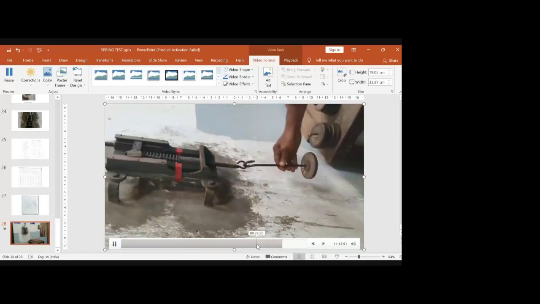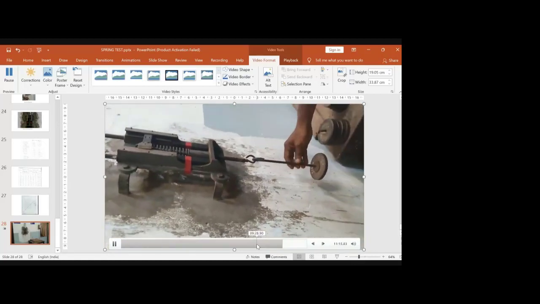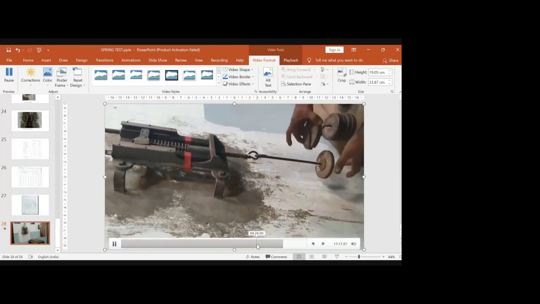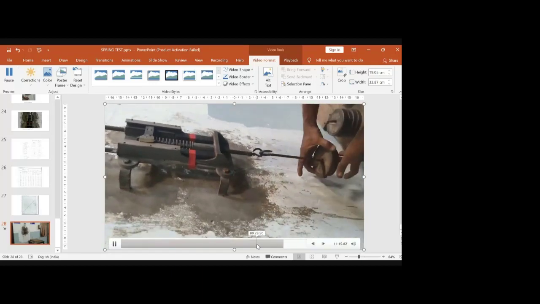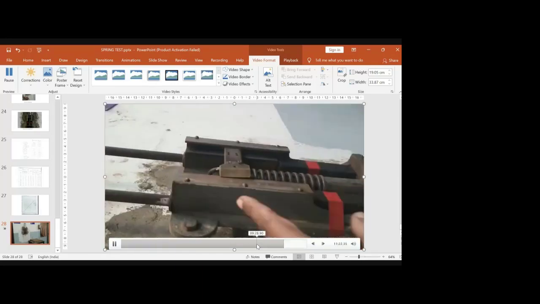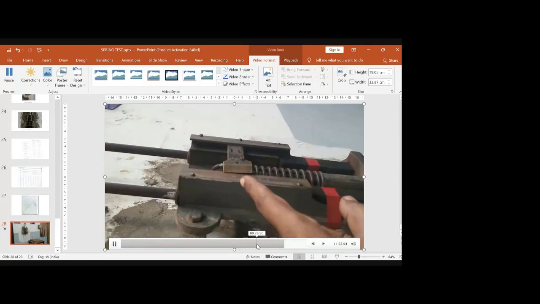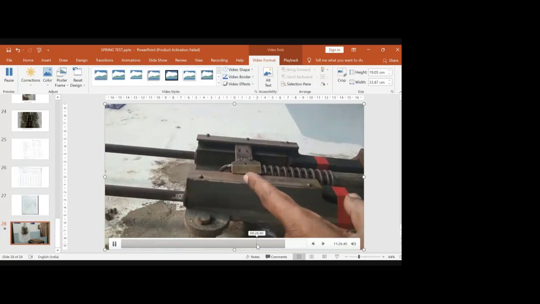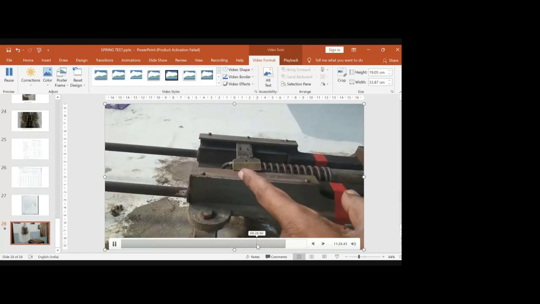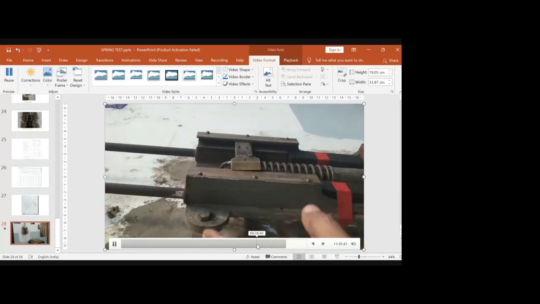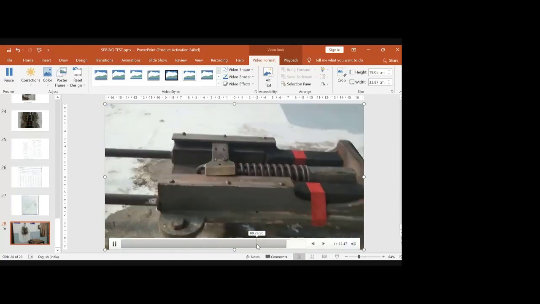The weights are the same that we are using for the tension spring. The first one is kept, take the reading, then the first slotted weight, corresponding reading, like that. Go on keeping the slotted weights, take the readings, then finally unload it and take the corresponding readings.